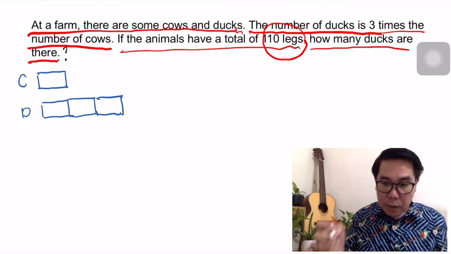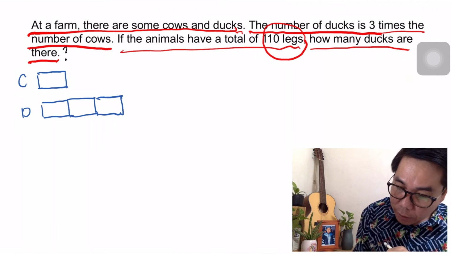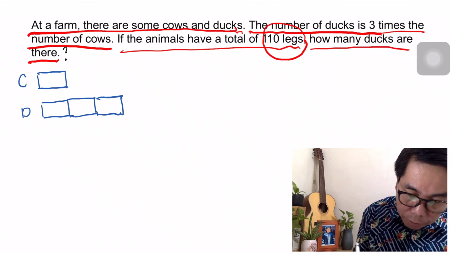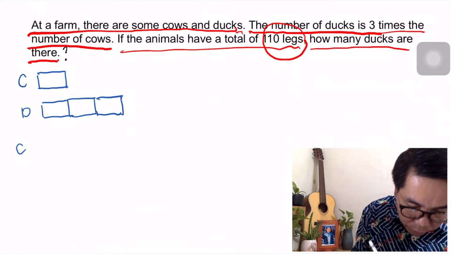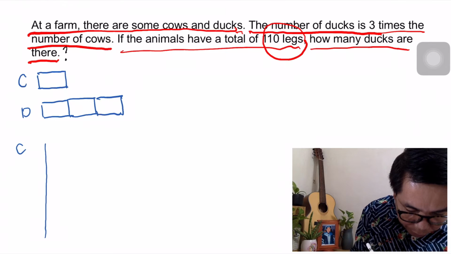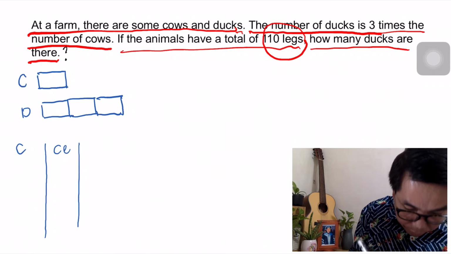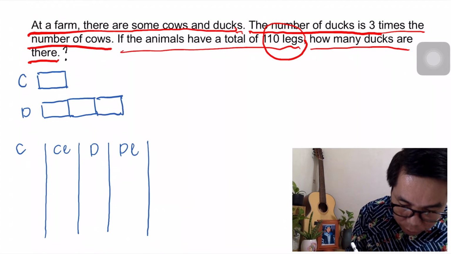Now, let us draw a table here for trial and improvement. So first, I write the cow, C. Cow's legs, and then ducks. Duck's legs, and then total legs.